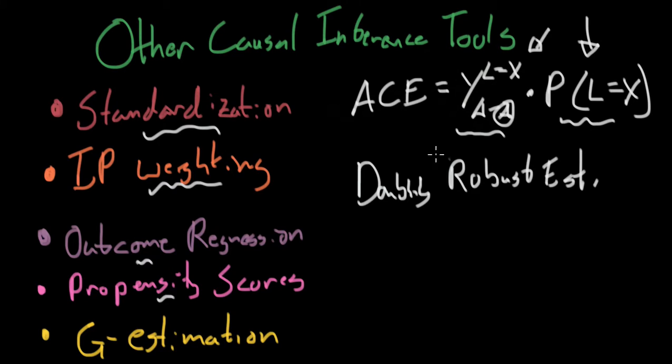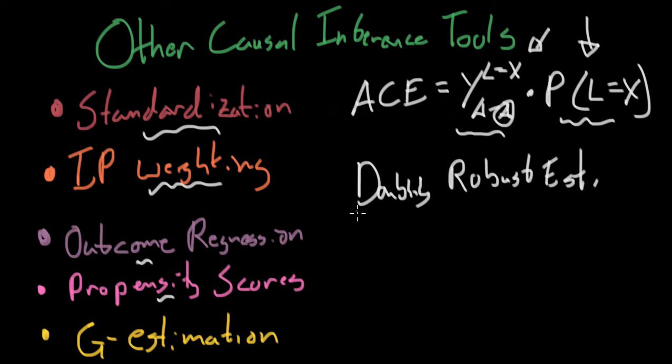So maybe you might get the standardization model correct, but you might not get the IP model correct, or vice versa. Doubly robust estimation will allow you to do both standardization and IP weighting, and its assumption is that only one of these models is correct. So you only need a correct model for the causal effect or a correct model for the probability of the confounders. So it makes that model misspecification assumption a little bit less strict.